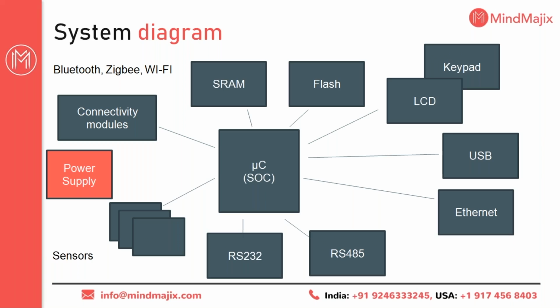Keypad, LCD, USB, Ethernet, RS-232, 485, and then a wireless connectivity module. Any sensors used are connected through I2C or SPI kind of interfaces. And a power supply design is also part of the board that supplies power to all these different elements.